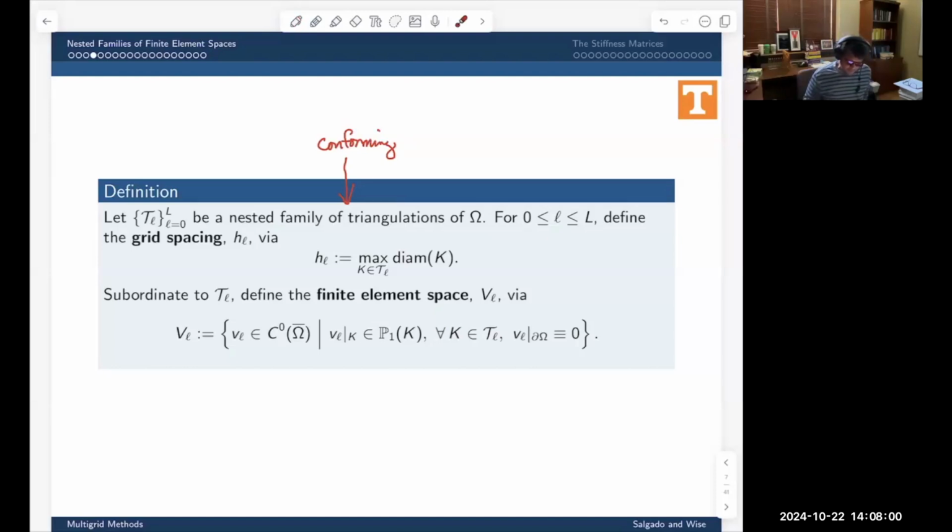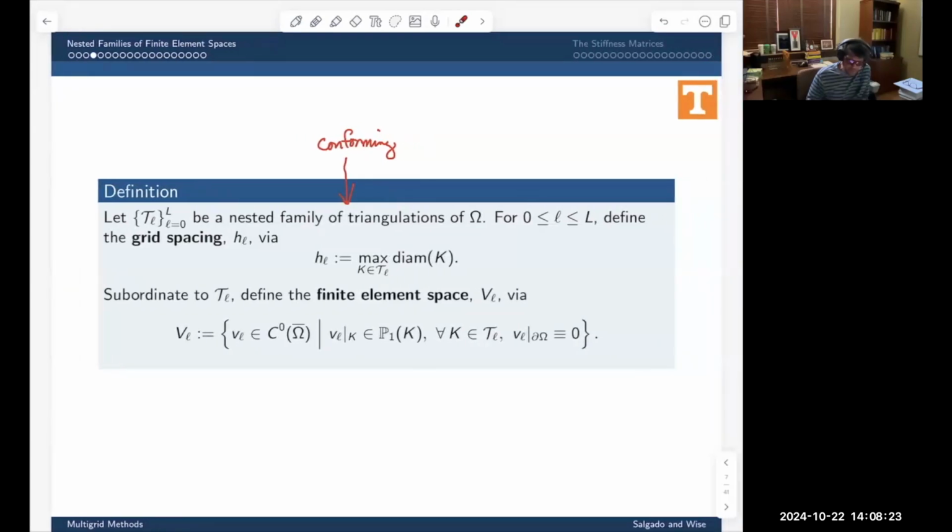For L from 0 up to capital L, let's define the grid spacing, h_L, via the following prescription. h_L is equal to the maximum taken over all of the triangles in the triangulation of the diameter of the triangle. So what you do is you take the diameter of each triangle.